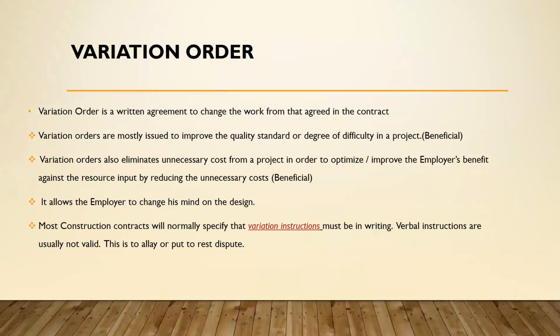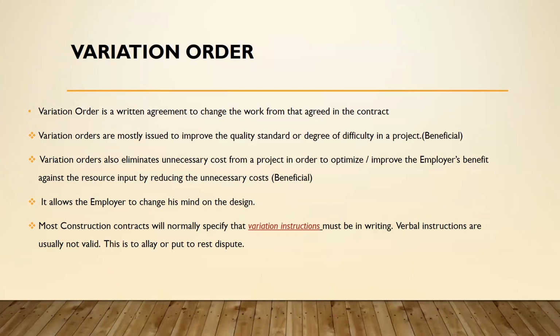Variation orders. Now, a variation order, as defined, is a written agreement to change the work from that agreed in the contract. They are mostly issued to improve the quality standard or degree of difficulty in the project.